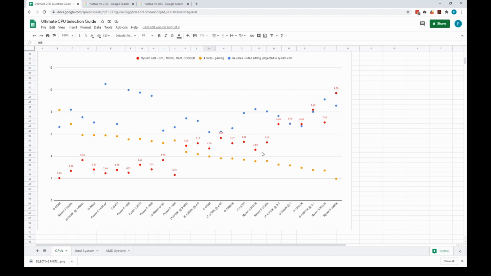So if you were to start video editing, you might want to look into investing in something around this price range and selecting any of these 4 processors. Probably the 3600 is going to be the best one.